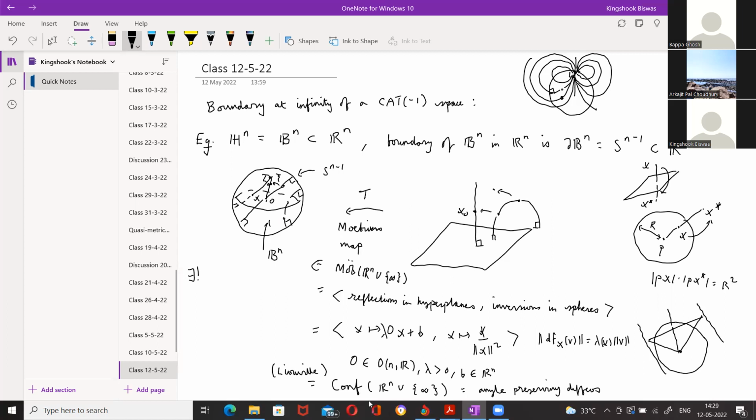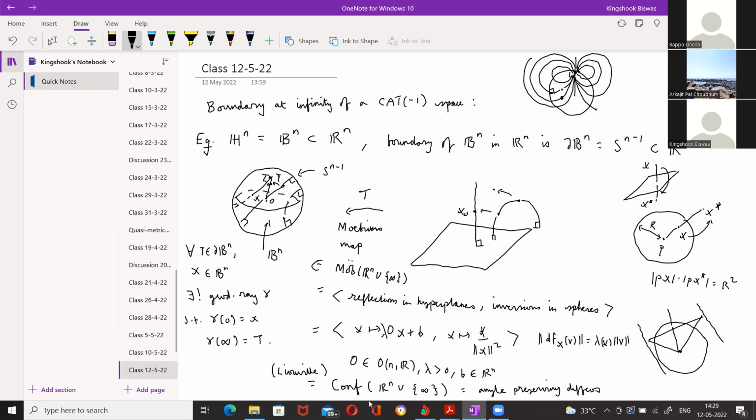So for all Xi in the boundary of Bn, and X in Bn, there exists a unique geodesic ray gamma such that gamma 0 is X and gamma infinity is Xi, right?